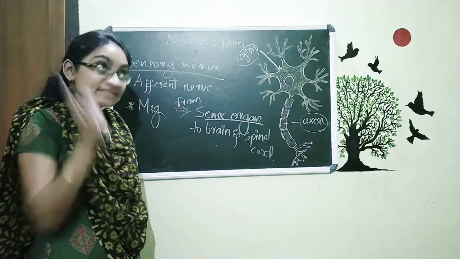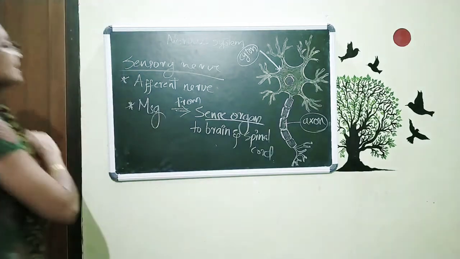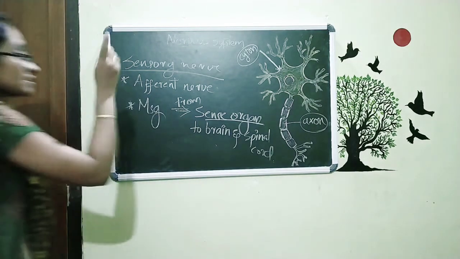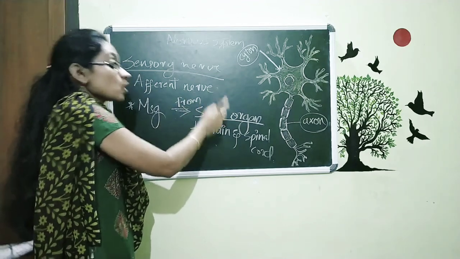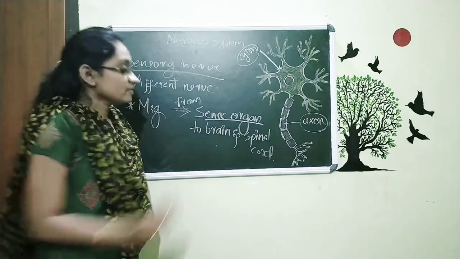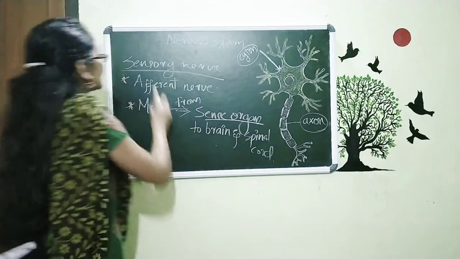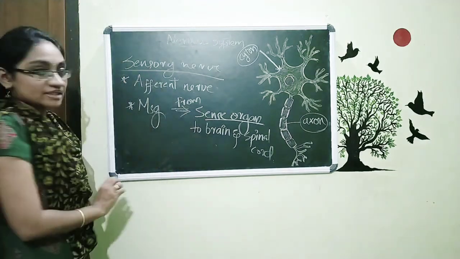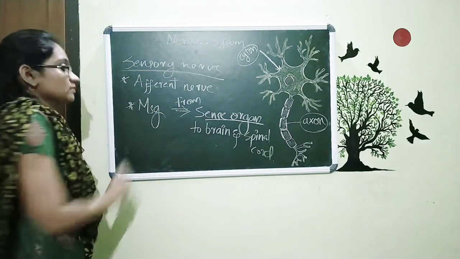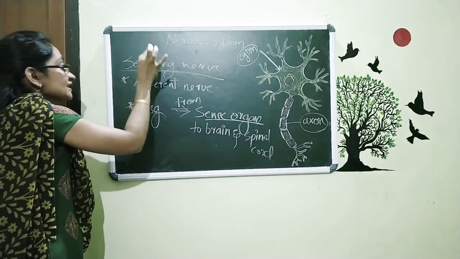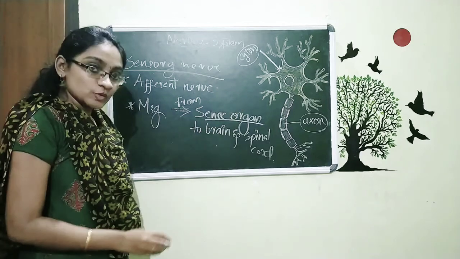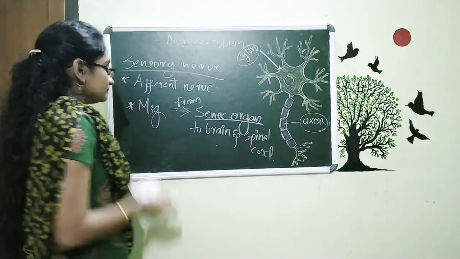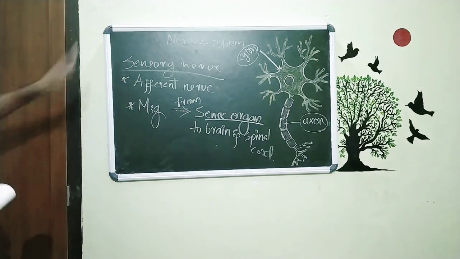Now remember that the sensory nerves send the message from sense organs to brain and spinal cord. So remember this sensory and sense organ. Just connect it and remember. This is about the sensory nerve.